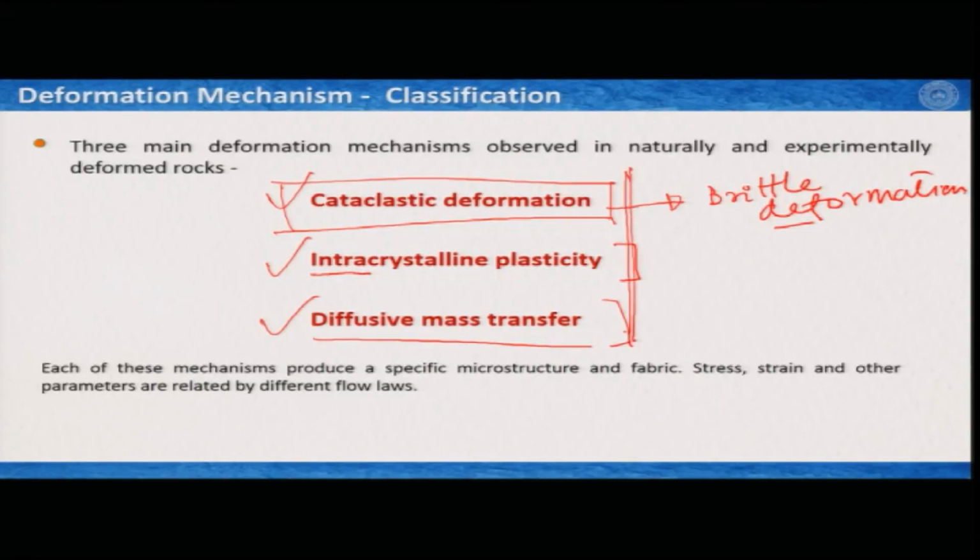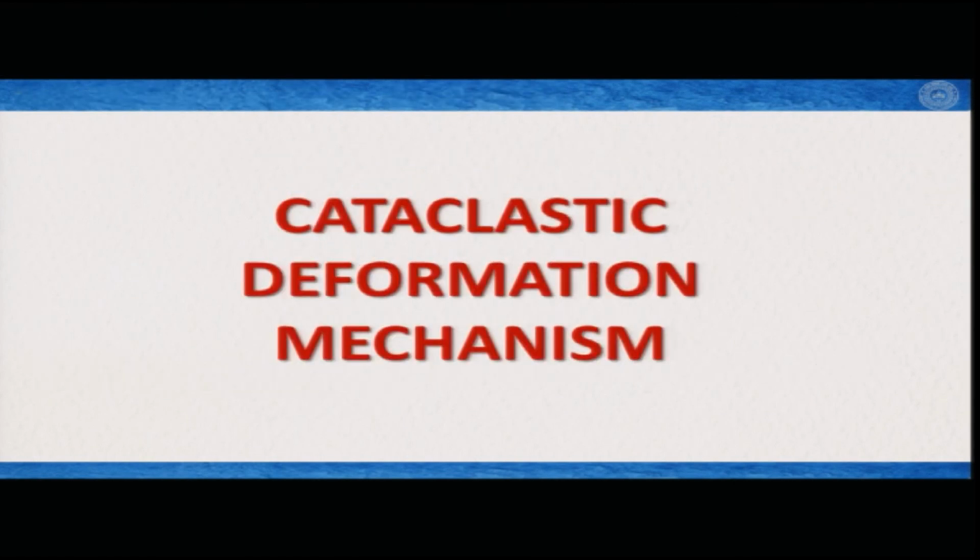The primary aim of studying these three mechanisms is to figure out the relationships between stress, strain and other parameters, and how we can put them together in different flow laws.